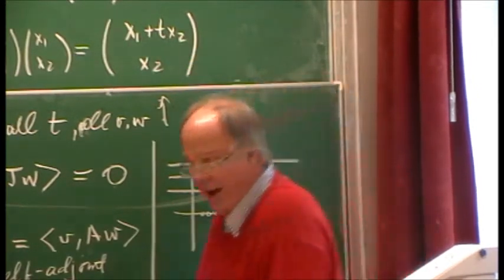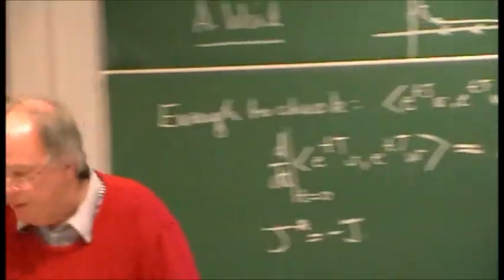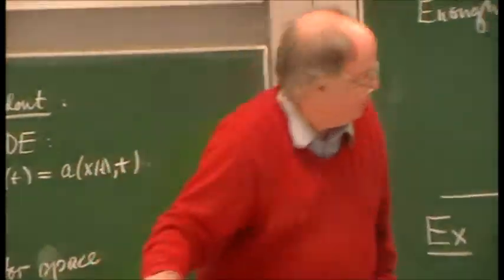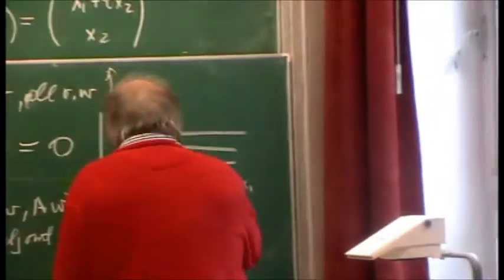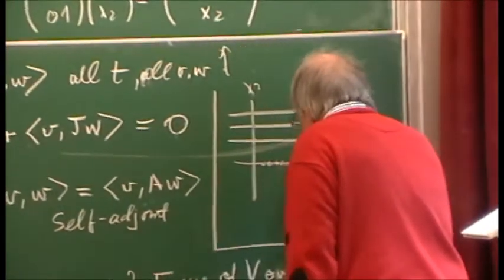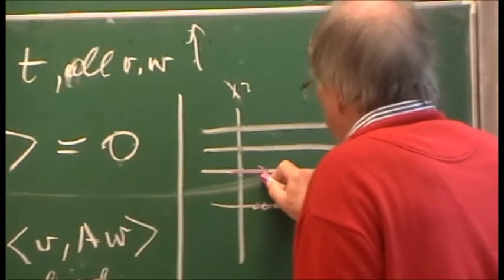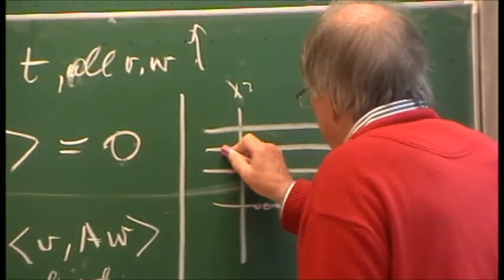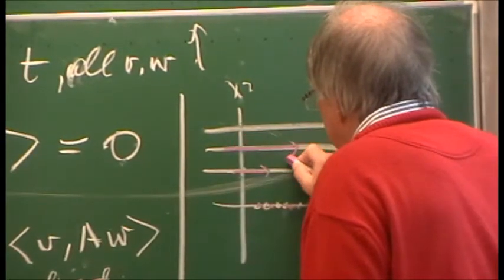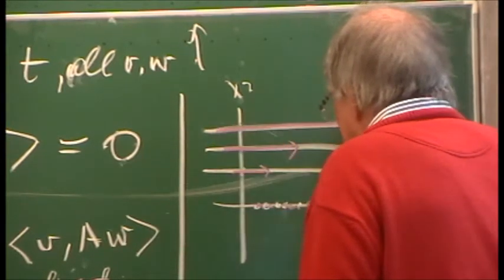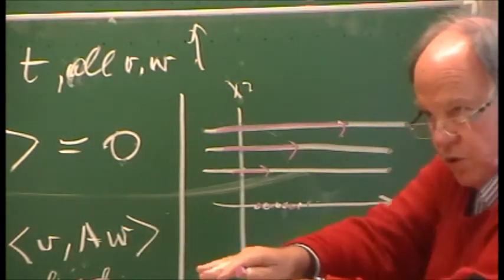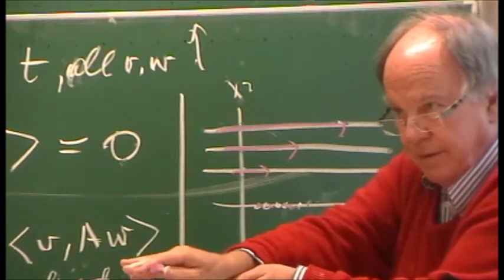But there's a lot going on there, because as you move, if I could do this in some video, I have little dots here. At this point you have a velocity. The velocity is x2. Okay, that's a certain velocity. Here it's a little higher on x2, so it's a bigger velocity. Here it's even bigger. So do you see it? It's like a shear.